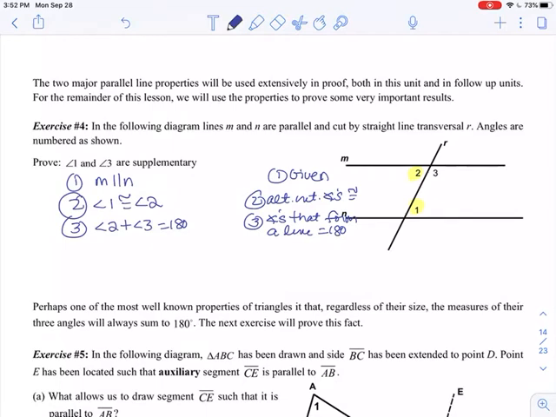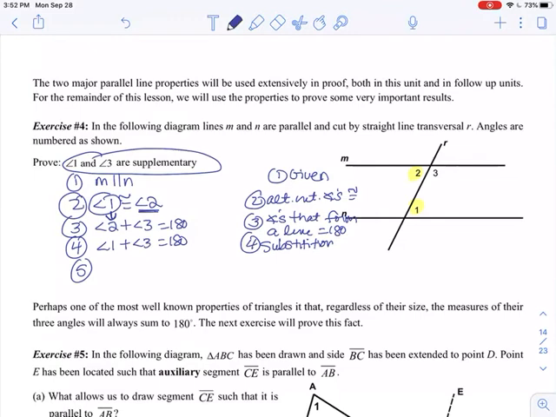If angle 1 is congruent to angle 2 and angle 2 and angle 3 equal 180, I can take this angle 1, since it's equal to angle 2, and substitute it in for angle 2 right there. So instead of saying angle 2 plus angle 3 equals 180, I'm going to say angle 1 plus angle 3 equals 180. That's called substitution. Equals can be substituted in for equals.